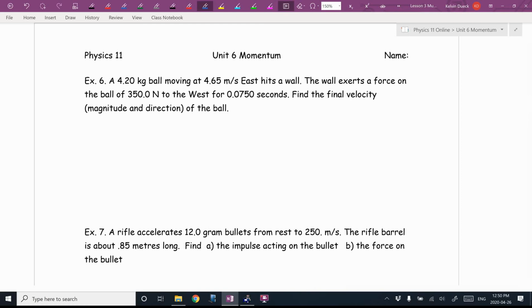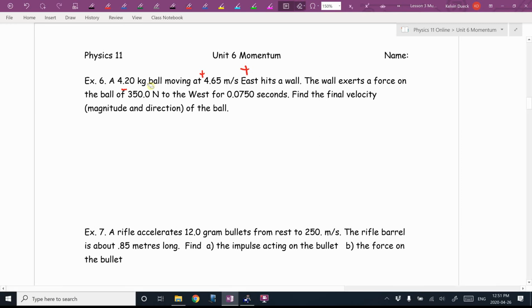I have a habit of letting the final velocity be positive, and I'll show you why that is in a second. But for now, it wants us to find the final velocity, so we don't know. I'll let east be positive for now. So this is going to be positive, and since the force is to the west, that 350 is going to be negative.